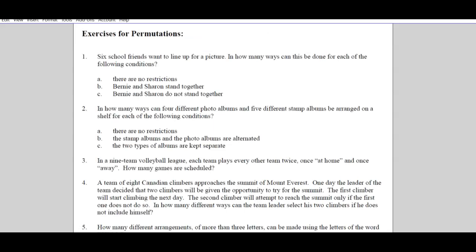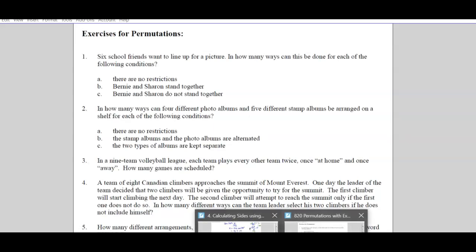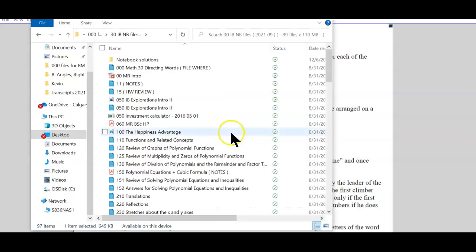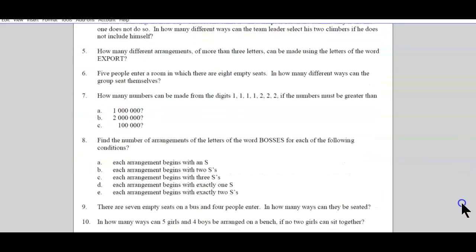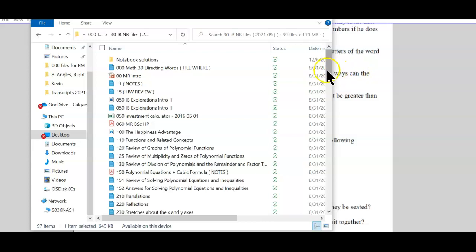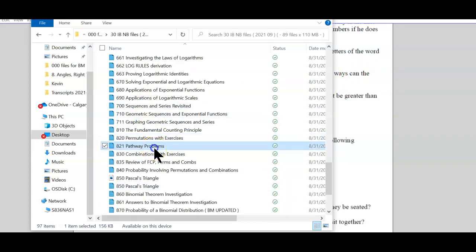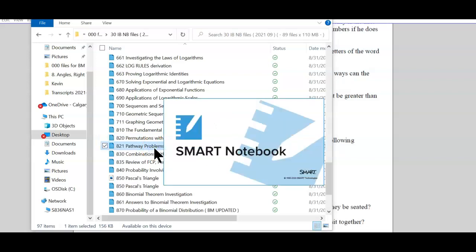Exercises here. Then I want to give you a heads up on the halfway problems.